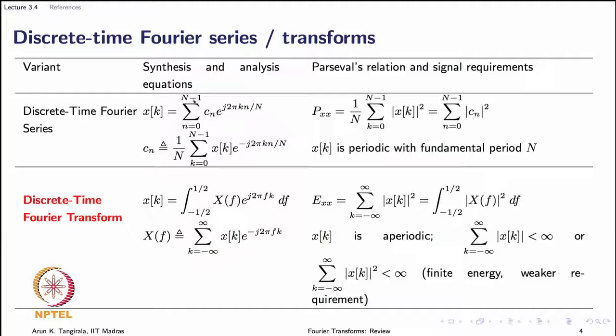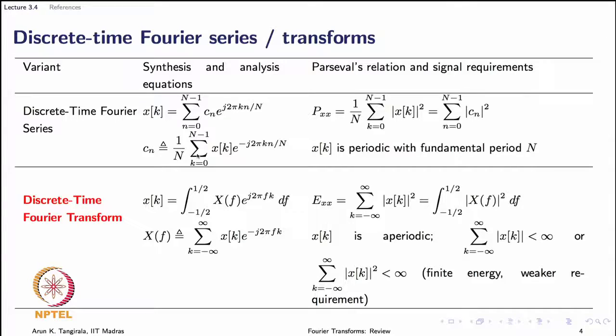The periodic signal had a summation in the synthesis equation, whereas now we have an integral in the aperiodic case, and just to reiterate, the integral is now limited to minus half to half. That is because of the behavior of the discrete time complex exponentials.